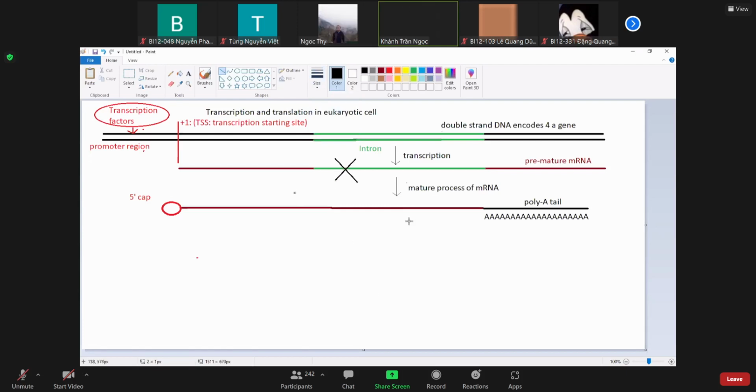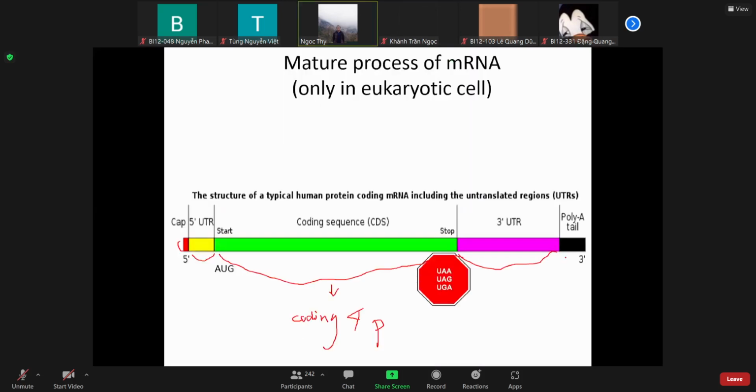Excuse me, can you tell me again what the poly-A tail does? So the poly-A tail here is a structure of poly-A. It includes many A's, and it attaches to the 3' end of the mRNA.